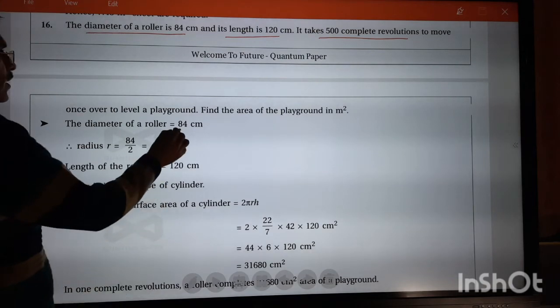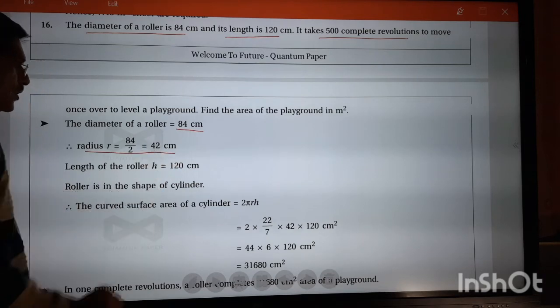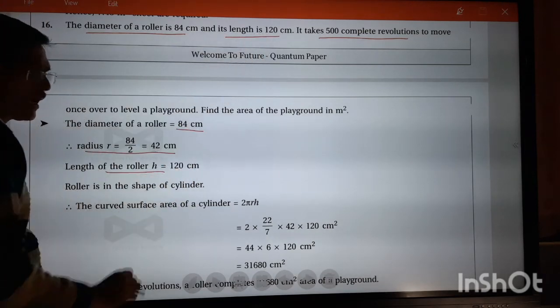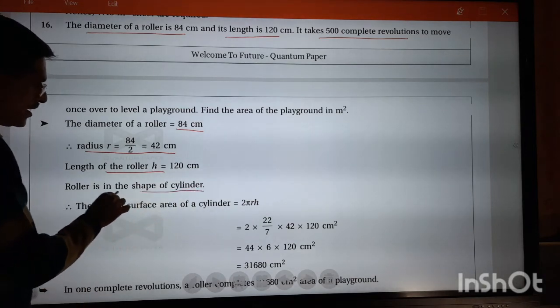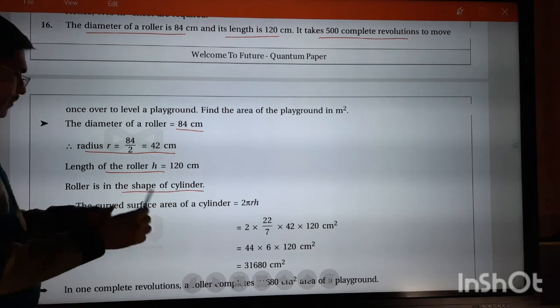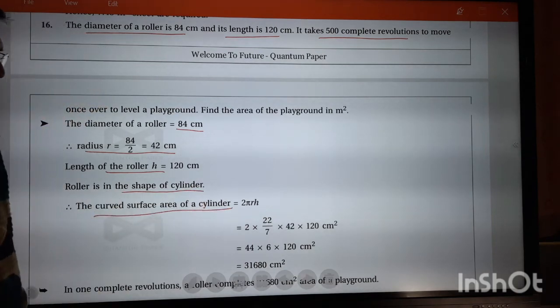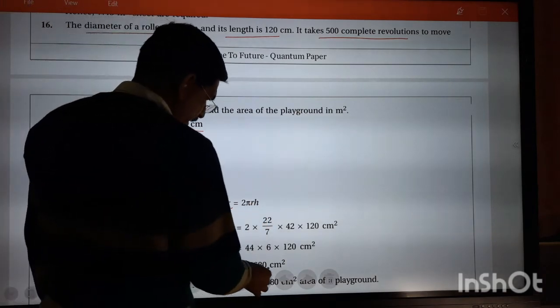Now diameter of roller is 84 centimeter, so radius is 42 centimeter. Length, that is height, here it is called height, is 120 centimeter. The roller is in the shape of a cylinder, so it will be the curved surface area of a cylinder, that is 2 pi r h.